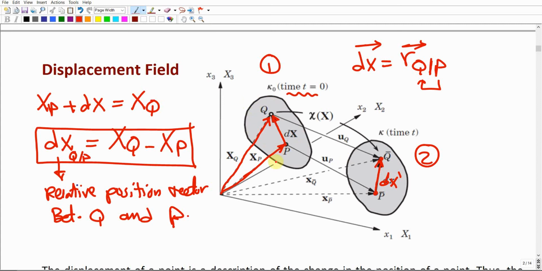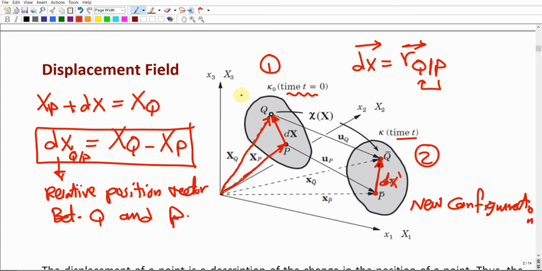So if there is no change in this distance between the 2 points at the 2 different configurations, we can consider this is one configuration at an instant of time t equals 0 at position 1, and it has been moved to another position at another instant of time t, whatever this t is, but it is definitely higher than 0. At any other instant of time, it will experience a new configuration. So this is the initial configuration, and this is the current or new configuration of the object.